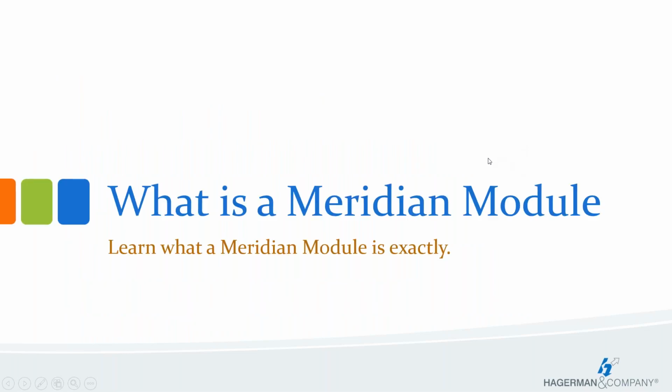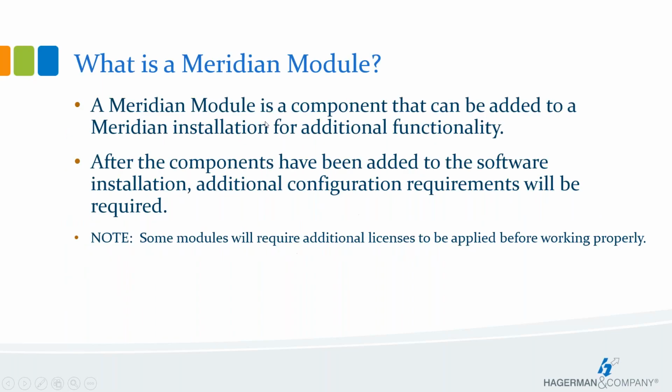So the first thing we're going to talk about is, what is a Meridian module? Let's learn exactly what a Meridian module is. A Meridian module is a component that can be added to a Meridian installation for additional functionality. Base functionality is provided within the application, and there are additional components that can be enabled or applied to environments to enhance them and make them more effective in certain areas. After components have been added to the software installation, additional configuration might be required.